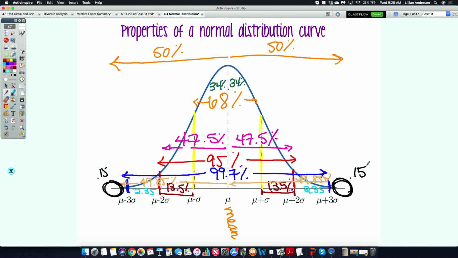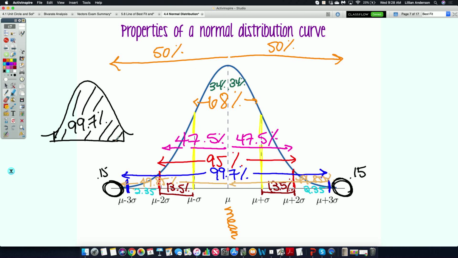Okay, just remember that it's 100% underneath your curve. Since we already have 99.7%, that makes up three standard deviations. So all this is 99.7%. And then there's 100% underneath a normal distribution curve.